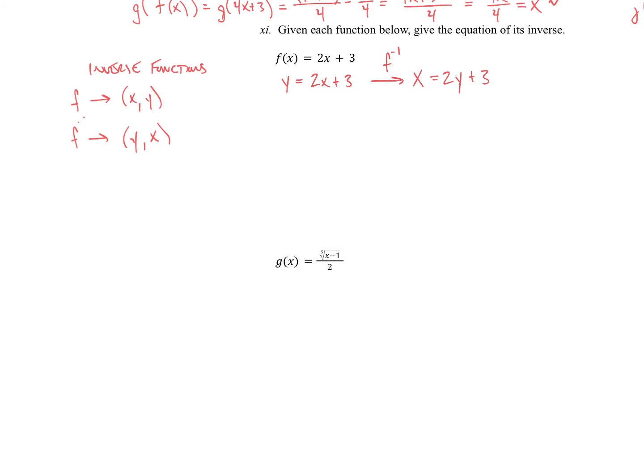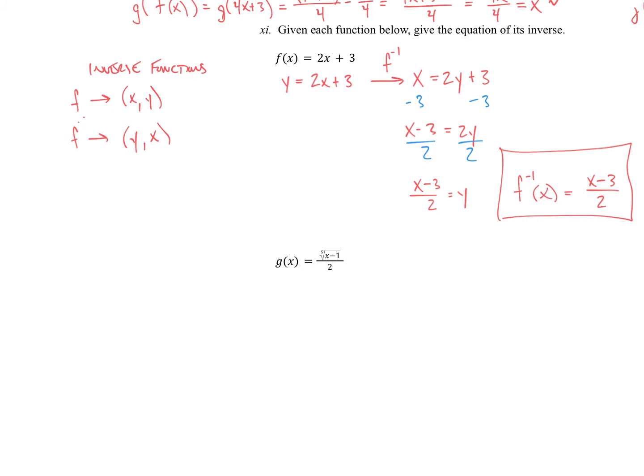So this is where I need to do some rearranging to figure out what my y would be all by itself. And now y is alone. So what I've figured out then is that my inverse function would be x minus 3 over 2.